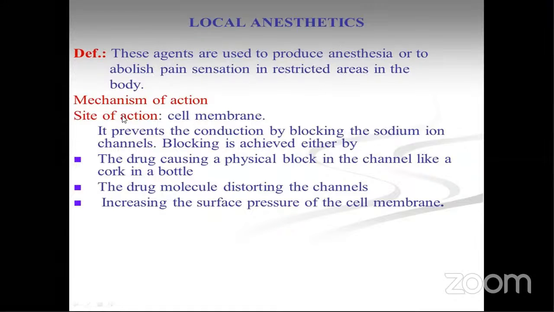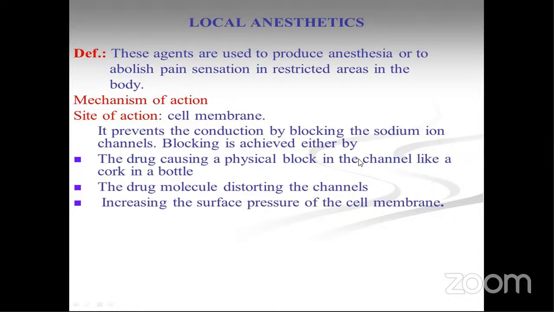If we go for the mechanism of action, they mainly act on the cell membrane. It prevents conduction by blocking the sodium ion channel, so that the generation and conduction of nerve impulse will be reduced. How is it blocking?